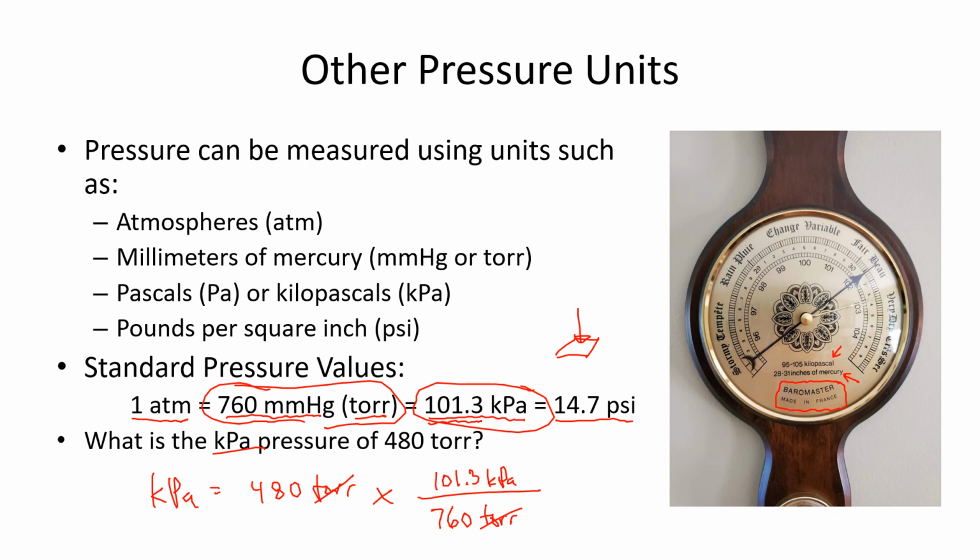So the torrs cancel out and you end up with kilopascals. Let's see what that comes out to. 480 times 101.3 divided by 760 equals 64.0. So 64 kilopascals.